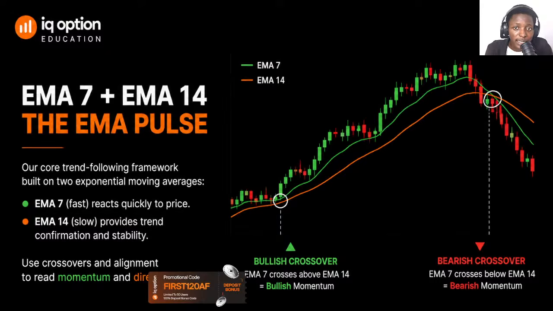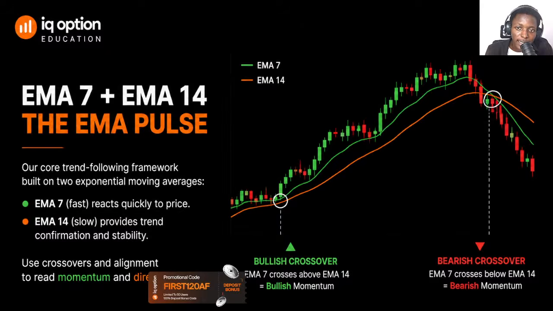So we use EMA 14 so that it will react faster than period 50. So when the EMA 7 crosses above the EMA 14, it is indicating that the market will start going in an upward trend.